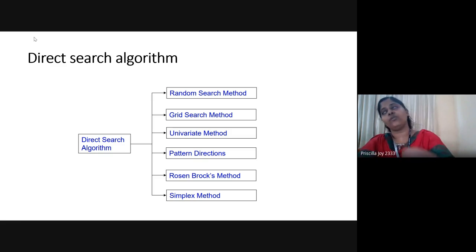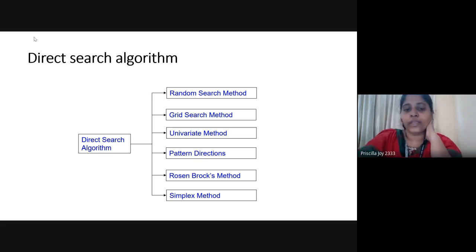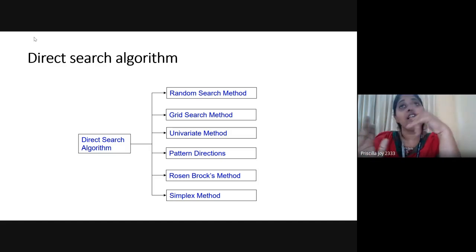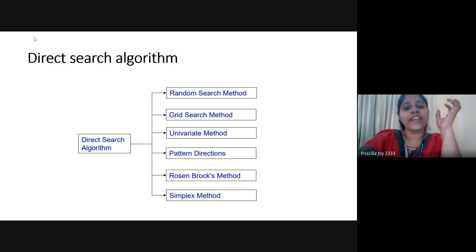Next is the univariate method. In the univariate method, we generate a trial solution by changing one decision variable, while all other variables are kept fixed, as in the direct search algorithm.